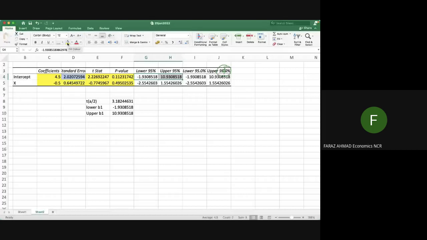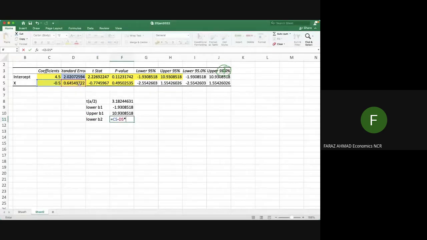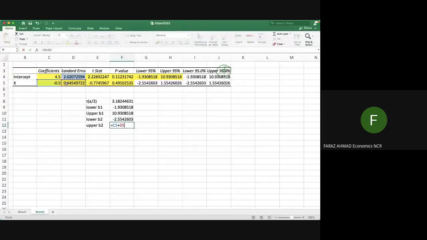Now we can do the same for beta 2. It's straightforward; there's no change in the formula. Just use beta 2 hat and subtract the product of standard error and T alpha by 2 to get the lower limit. In order to get the upper limit, use the same beta 2 hat and add the product of the standard error of beta 2 hat and T alpha by 2.